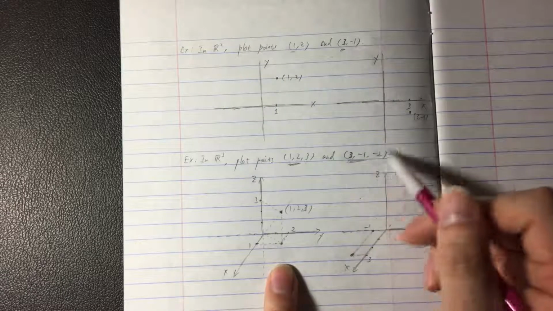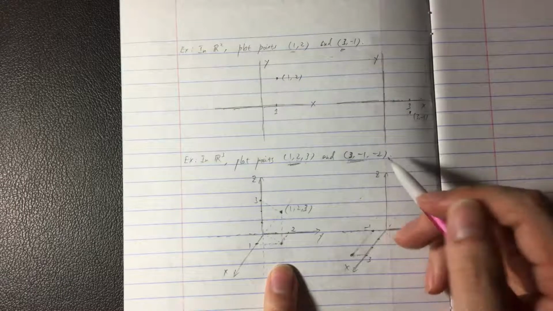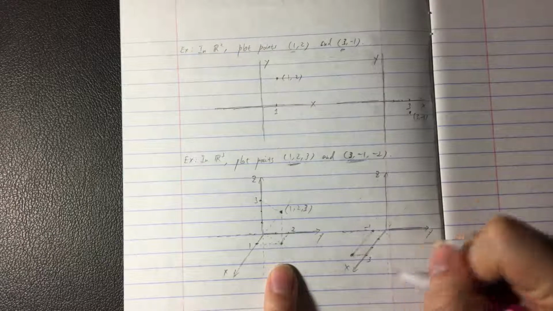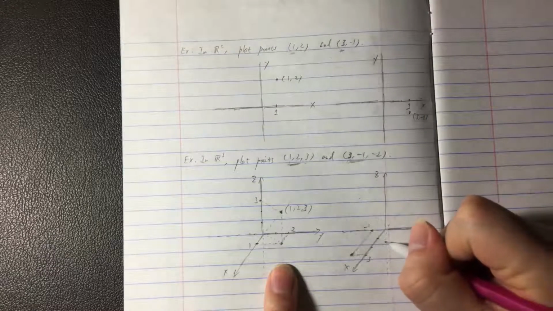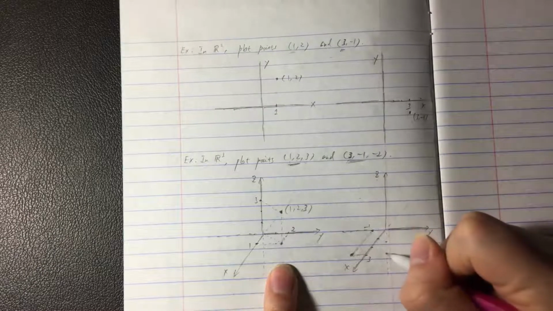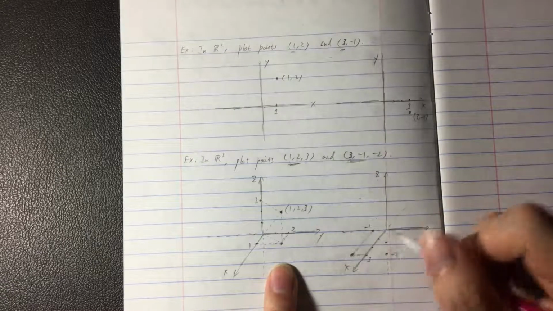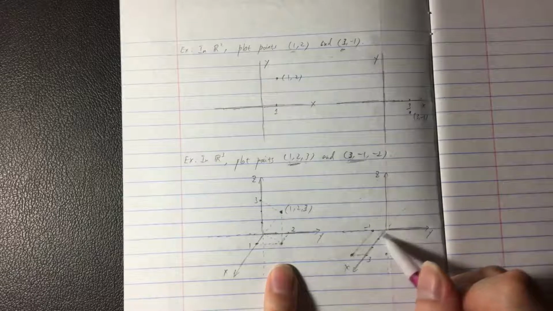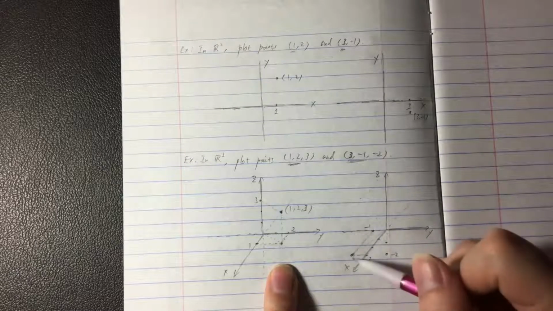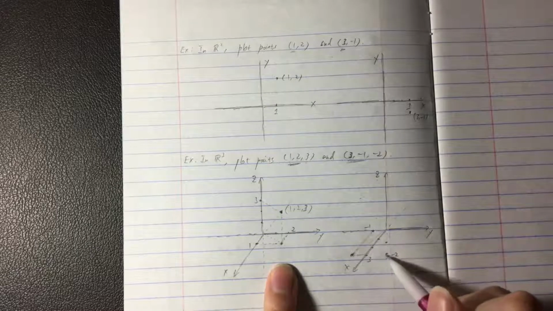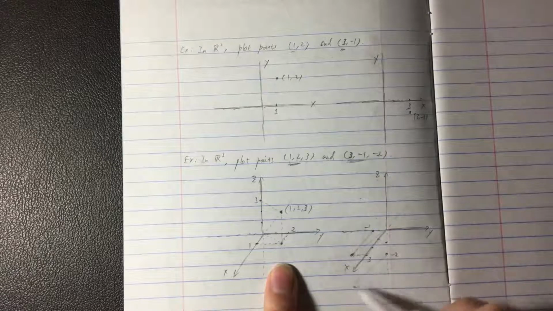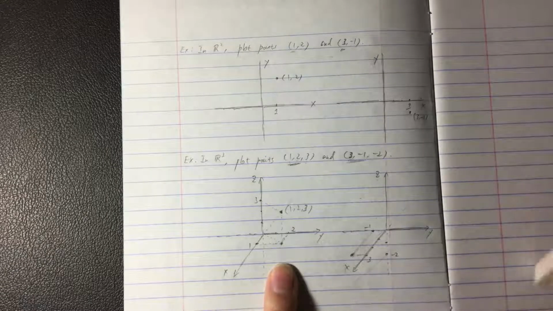Then here the z coordinate is -2, so I go down by 2 units. Let me make the x-axis a little longer.